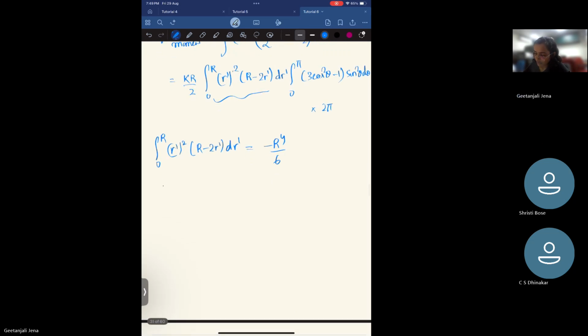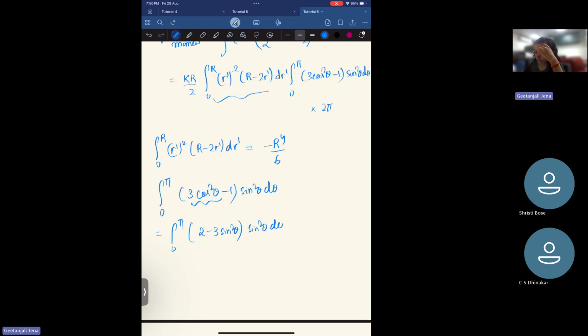For the second one, for theta, you have (3 cos square theta minus 1) sin square theta d theta. You need to express it in terms of either sine or cos to simplify the integration. So let's write cos in terms of sine. The whole term will be (2 minus 3 sin square theta) sin square theta d theta.